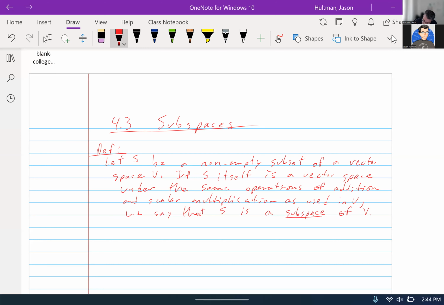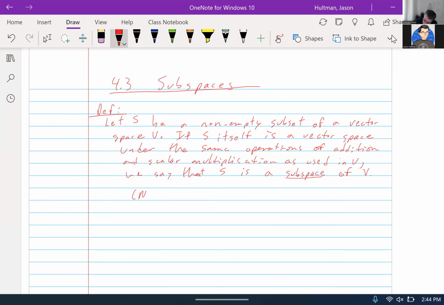And just note that V has already been established as a vector space. I know that's in the first line, but just point out that we already know V is a vector space.